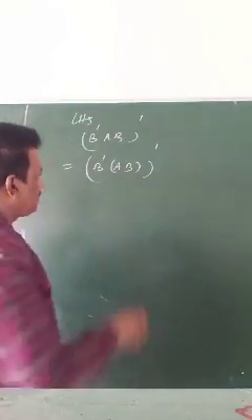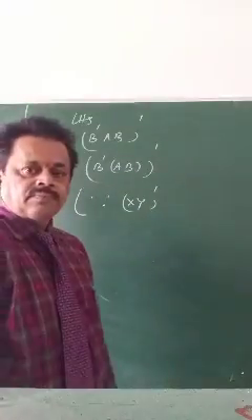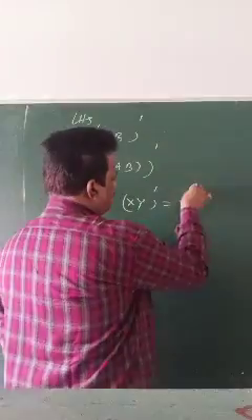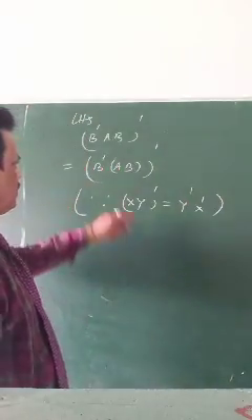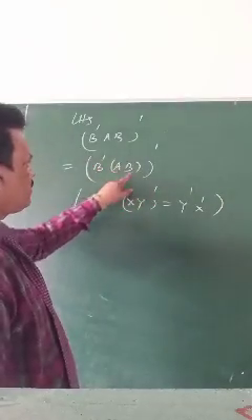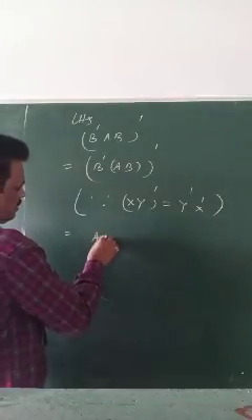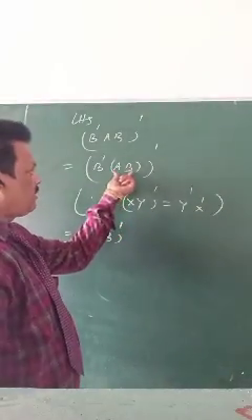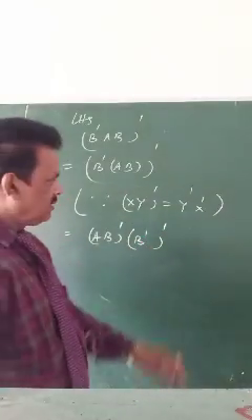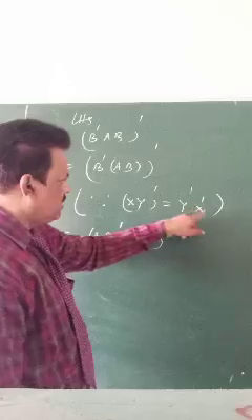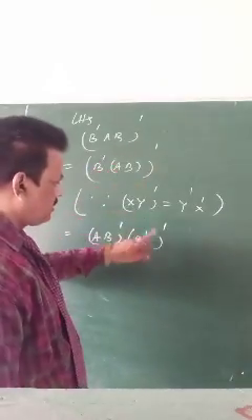(XY) transpose equals Y transpose X transpose. So the transpose of this will be reversed: Y transpose is (AB) transpose, times X transpose, which is (B transpose) transpose.